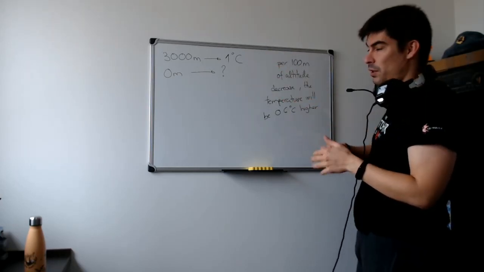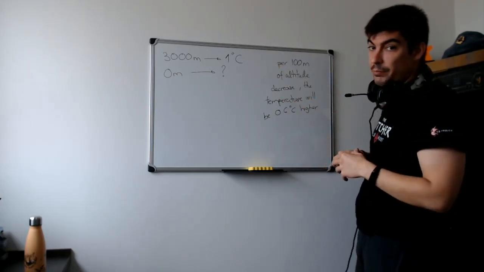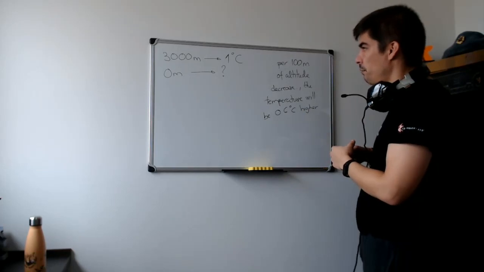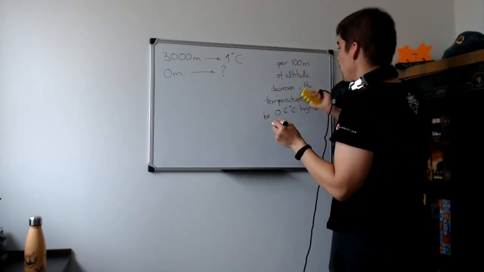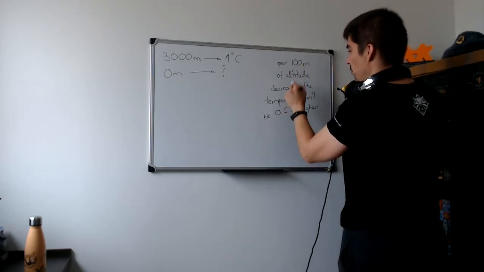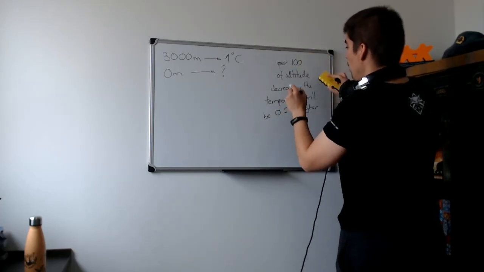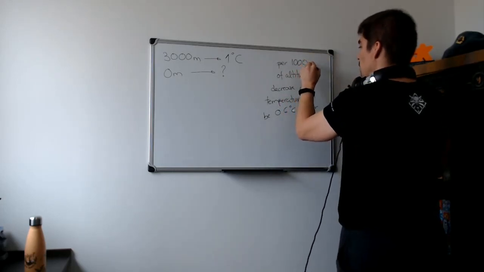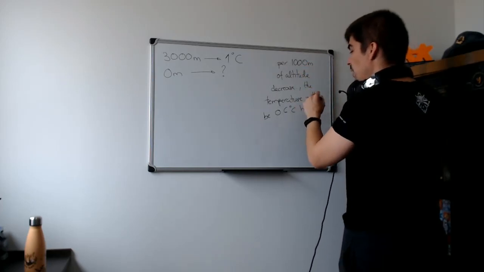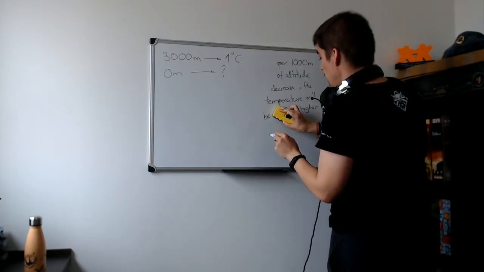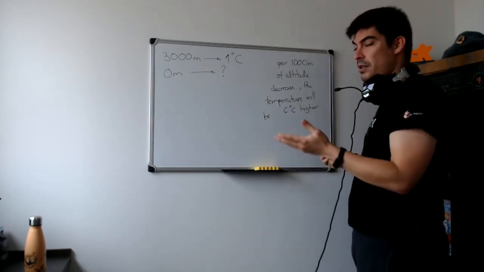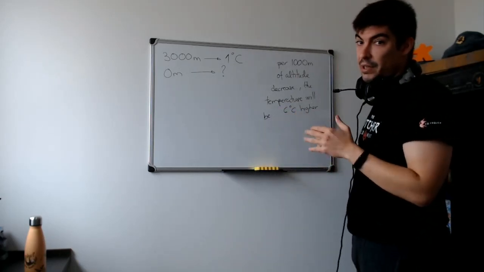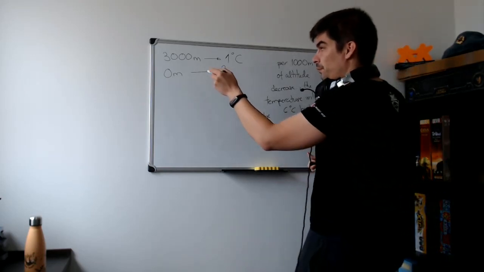Since we are using very big numbers, we can say that if we multiply both numbers here by 10, per 1000 meters of altitude decrease, the temperature will be 6 degrees higher. So first, let's calculate the change of altitude.